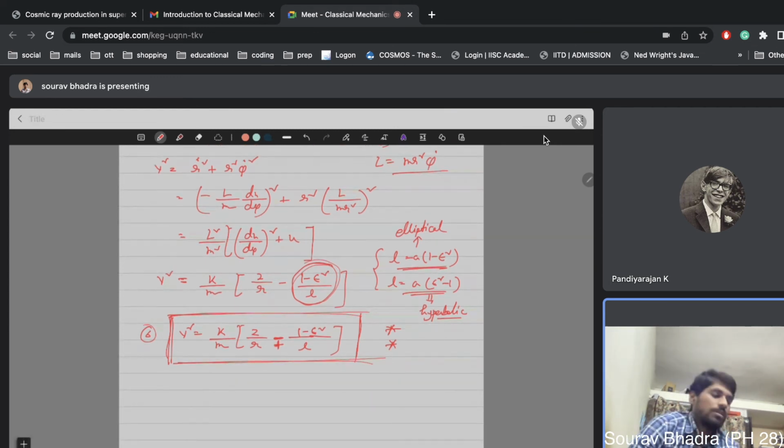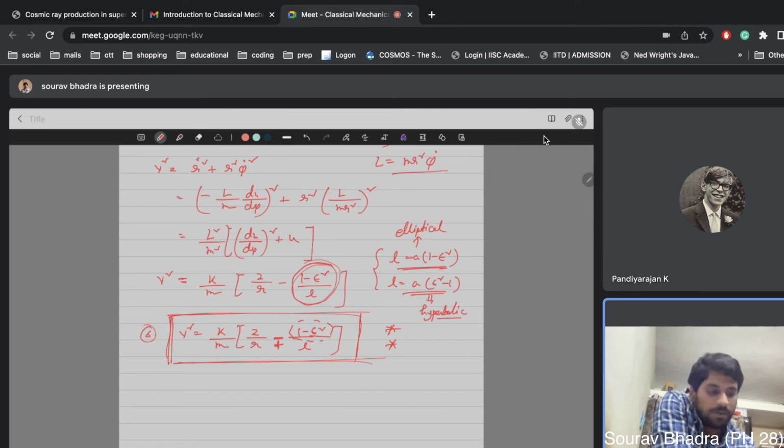So depending on the value of epsilon, the sign just previous to it is determined. So you will get the value minus or plus, and it is valid whether it is an elliptical orbit, a hyperbolic orbit, or a circular orbit.